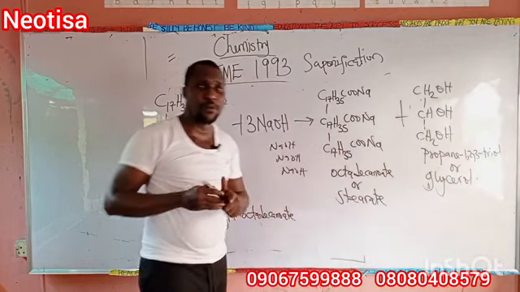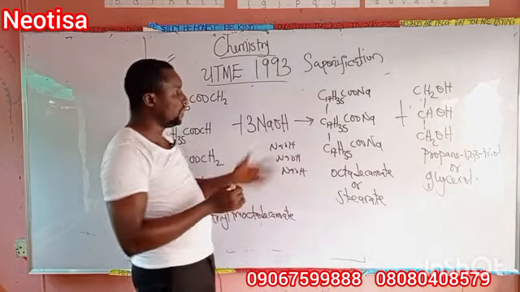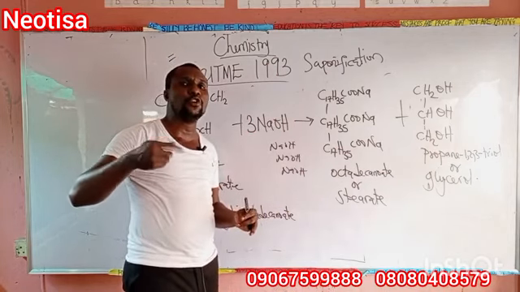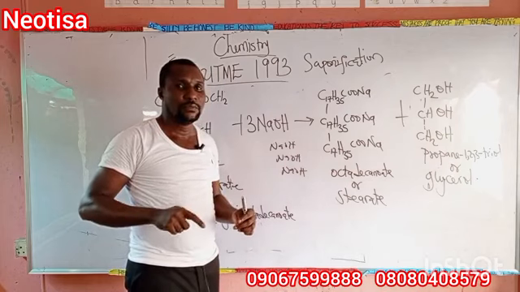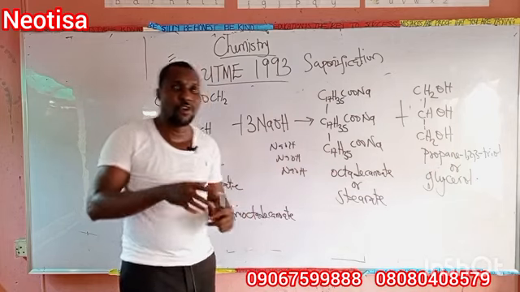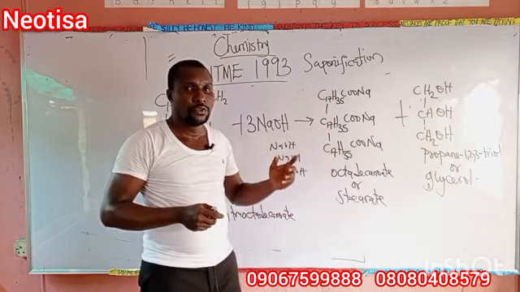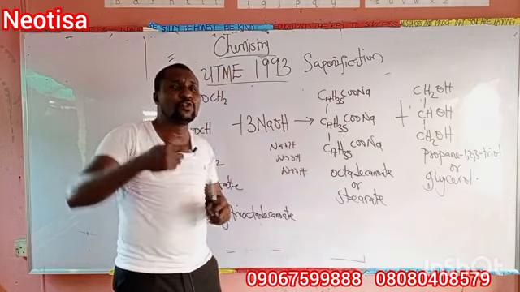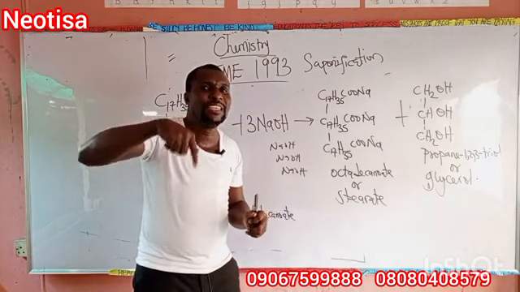In 2004, there's a question that came out on this also. The question says the addition of sodium chloride to soap during saponification process is to, the answer to that question is to reduce the solubility of the soap.